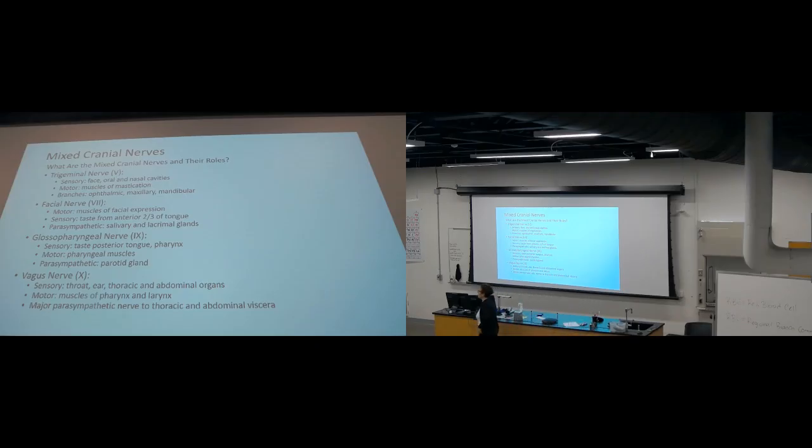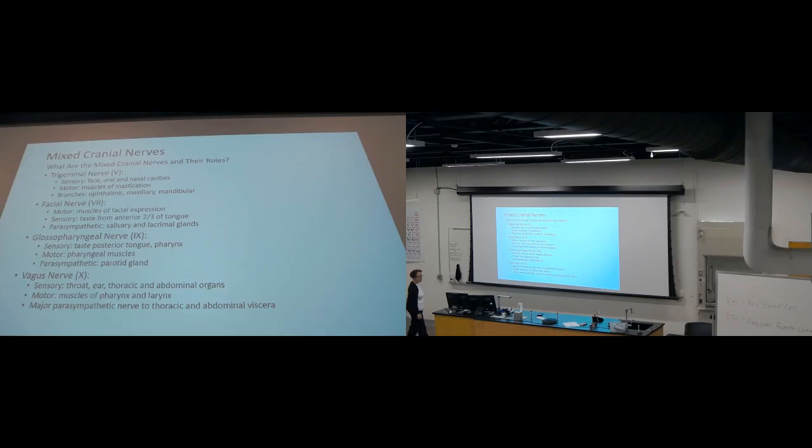So it has sensory information for the face, oral, and nasal cavities. So I guess no matter where in your face they hit you with a ball, or maybe they slap you, that pain sensation is going through the trigeminal.